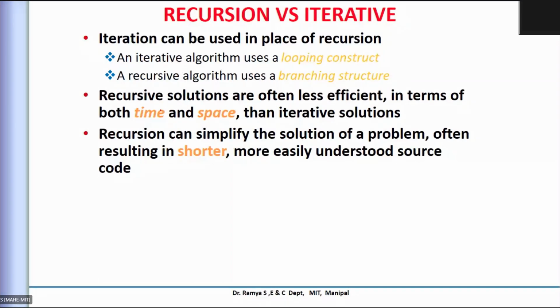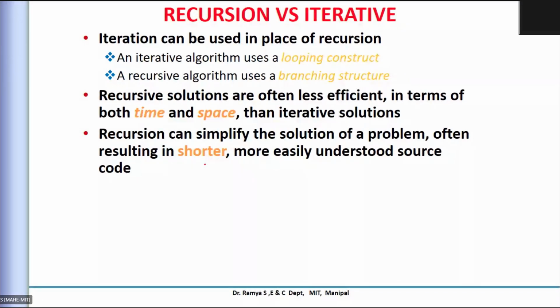Because the complexity increases, but recursion can simplify the solution of a problem, often resulting in a shorter path. It will be because I need not use many variables there, okay? I'm using the same variable again and again, reinitializing, giving a different value to that, okay? So if you see it that way, it is shorter, it is a faster way also, okay?